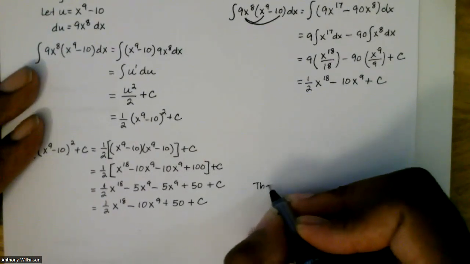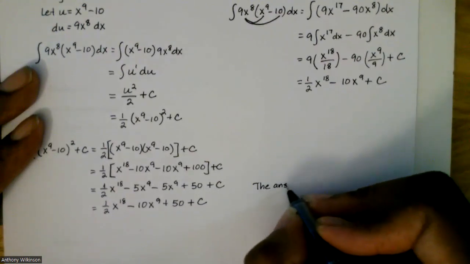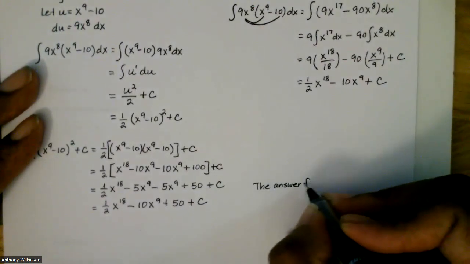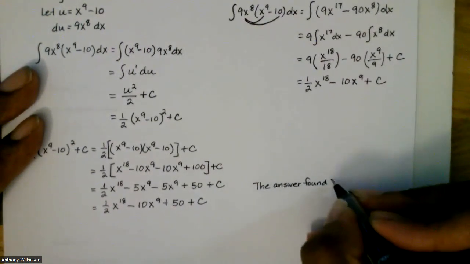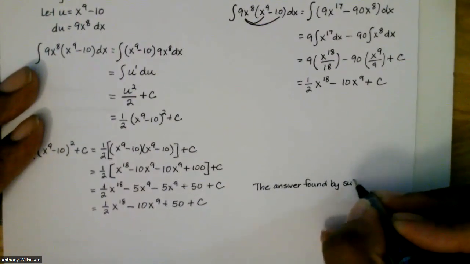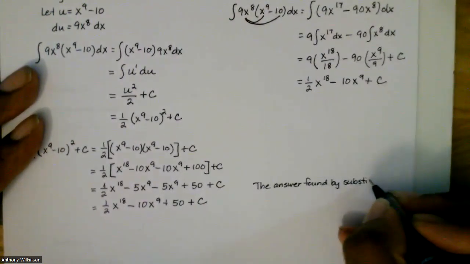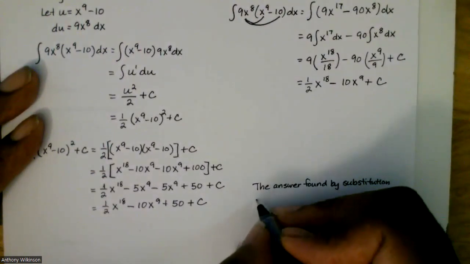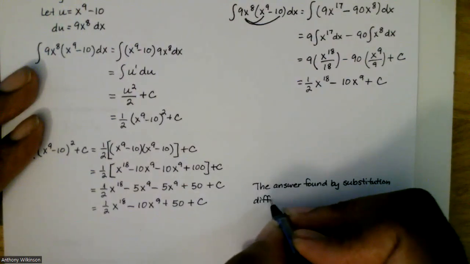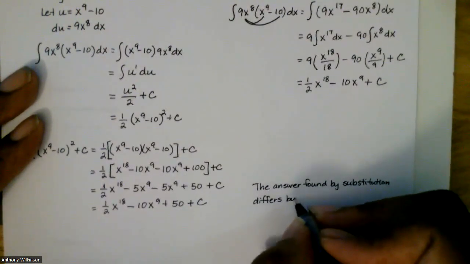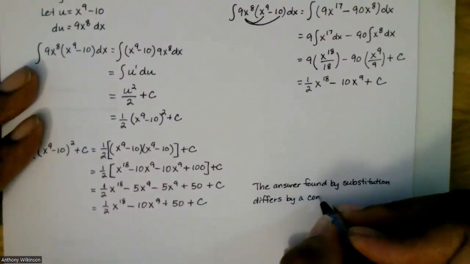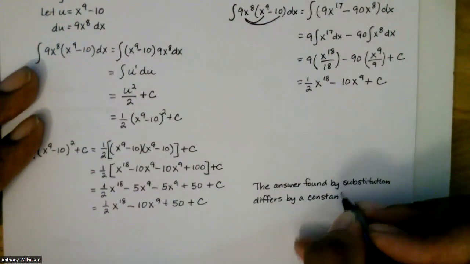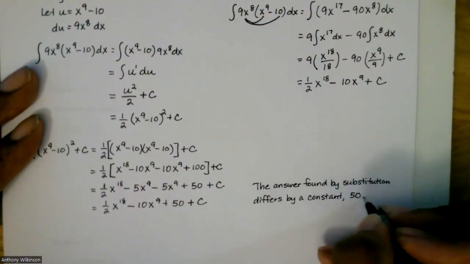So I say here that the answer found by substitution differs by a constant. In this case, that constant is 50.